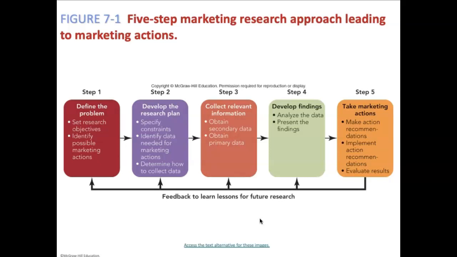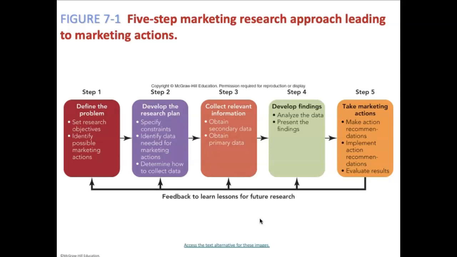First, step number 1 is defining the problem. First, you have to realize that there is an issue that needs to be solved, and you look at setting research objectives and identifying possible marketing actions. The second is to develop a research plan, where you specify constraints, identify data needed for marketing actions, and determine how to collect the data.